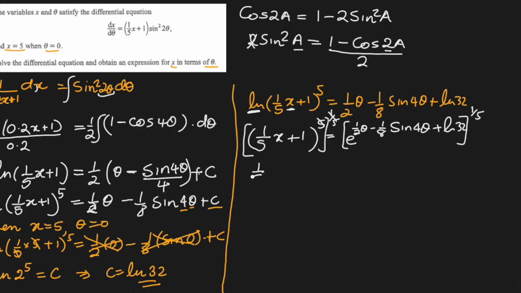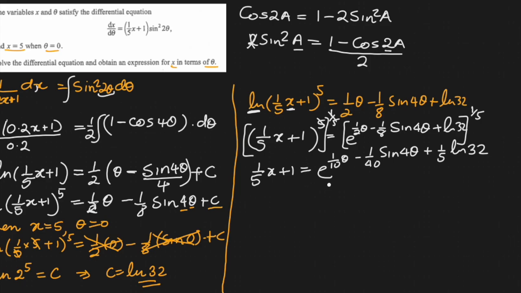So, 1 over 5x plus 1 is equal to e to the power 1 over 10 theta, then minus 1 over 40 sine 4 theta plus 1 over 5 natural log 32.